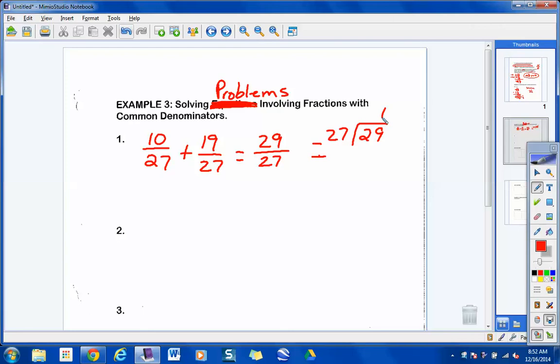What's 1 times 27? 27. And then when I subtract, how about a remainder, gang? What's 29 minus 27? 2. So what fraction of 27 do you have remaining? Well, it's 2. So it's the same as 1 and 2 over 27, right? Everybody agree there? Yeah. Okay.